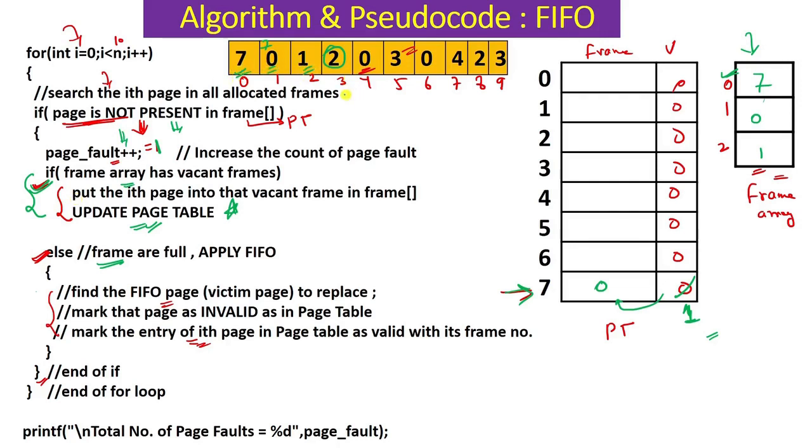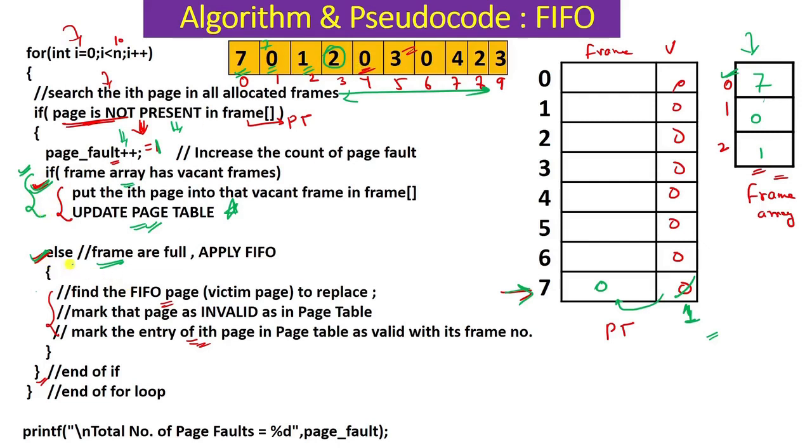After this, for these pages, the frame array will not be free, it will be full. So for 2, 0, 3 my else will run, and for the initial 3 pages, 7, 0, 1, my if code will run.